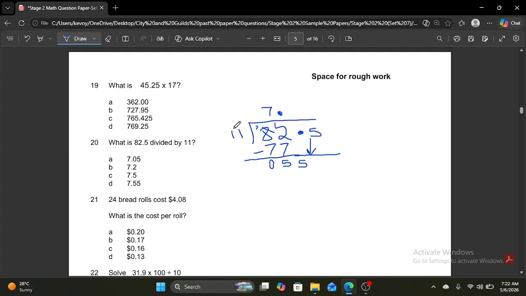So the first step is to divide. 11 into 55 goes 5 times. After you divide, you multiply. So 5 times 11 is 55.